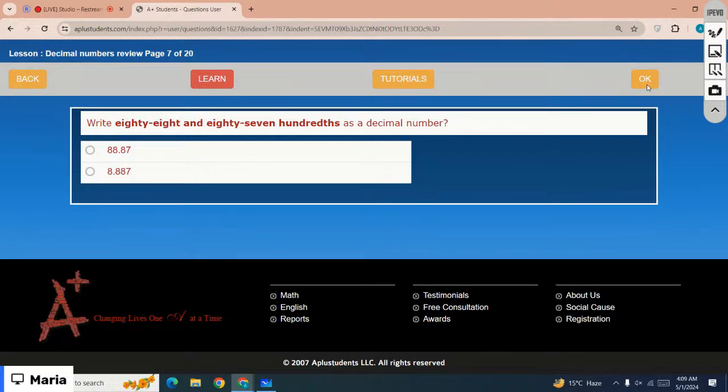Right? 88 and 87 hundredths as a decimal number. So which is the correct option?